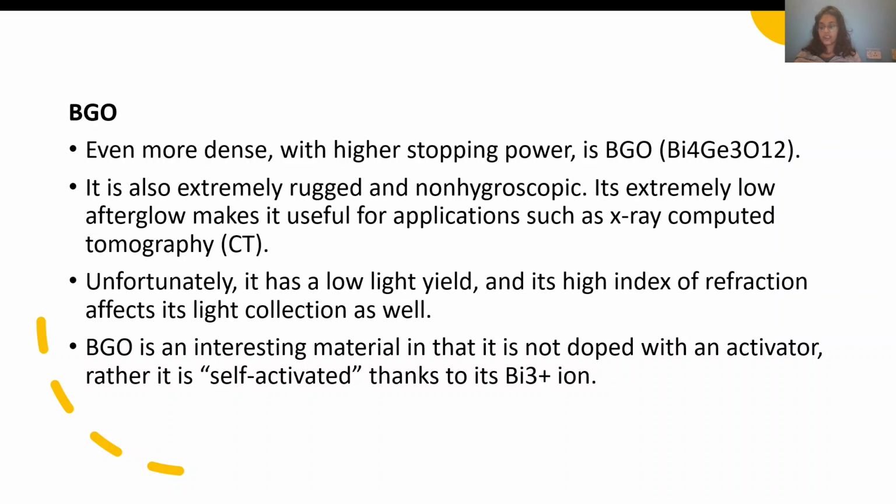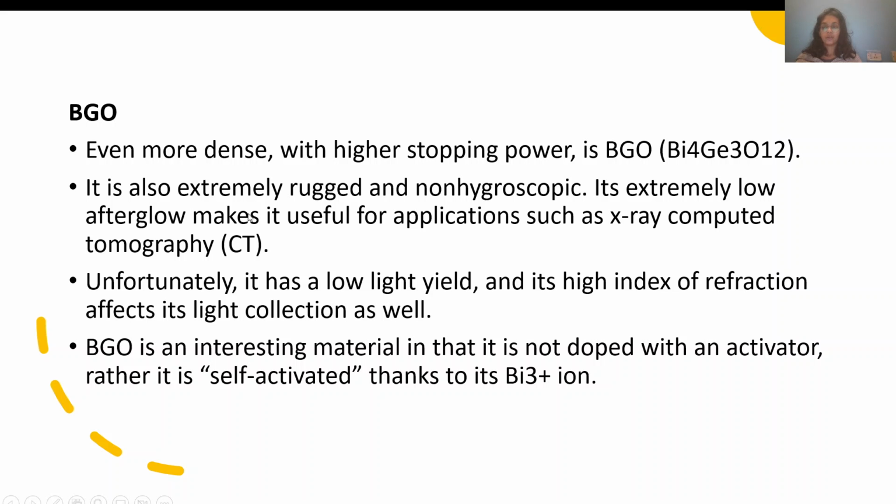Next, moving on to BGO, which is given by this formula, Bi4Ge3O12. It is even more dense with high stopping power. It is also extremely rugged and non-hygroscopic.